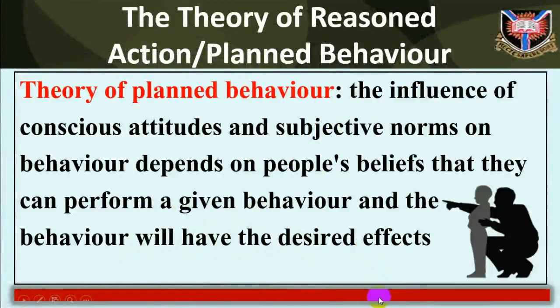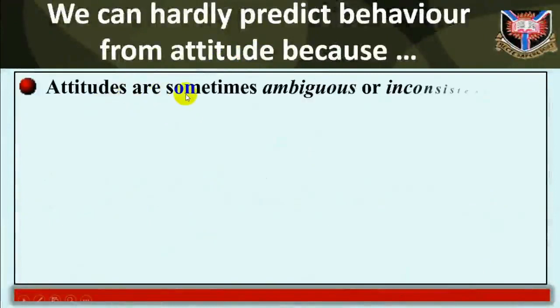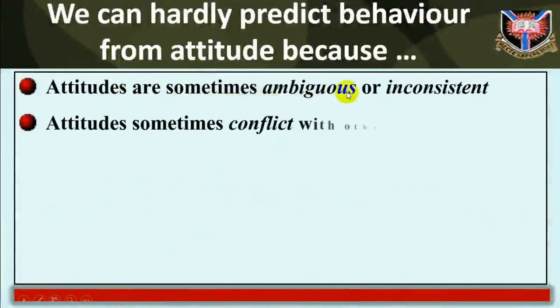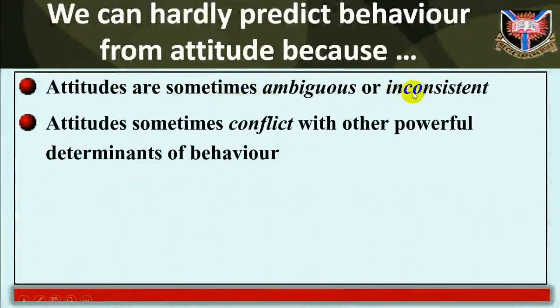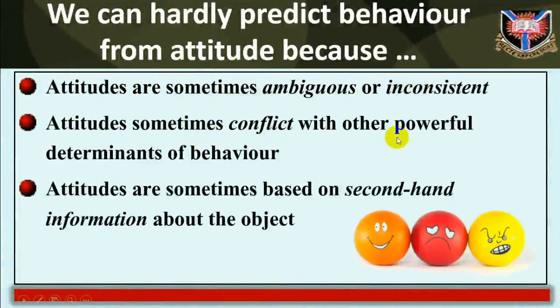It can be surprisingly difficult at times to predict behavior from attitudes because attitudes are sometimes ambiguous or inconsistent. Attitudes sometimes conflict with other powerful determinants of behavior. Attitudes are sometimes based on second-hand information about the objects.